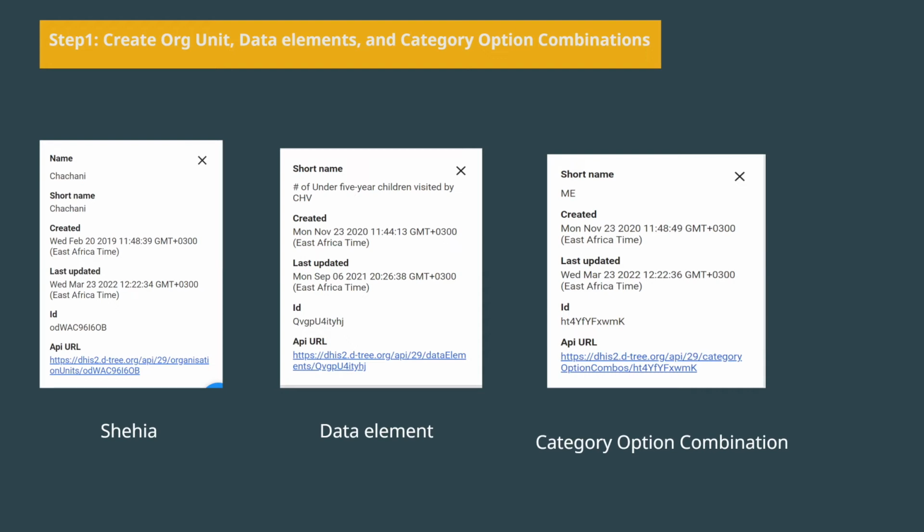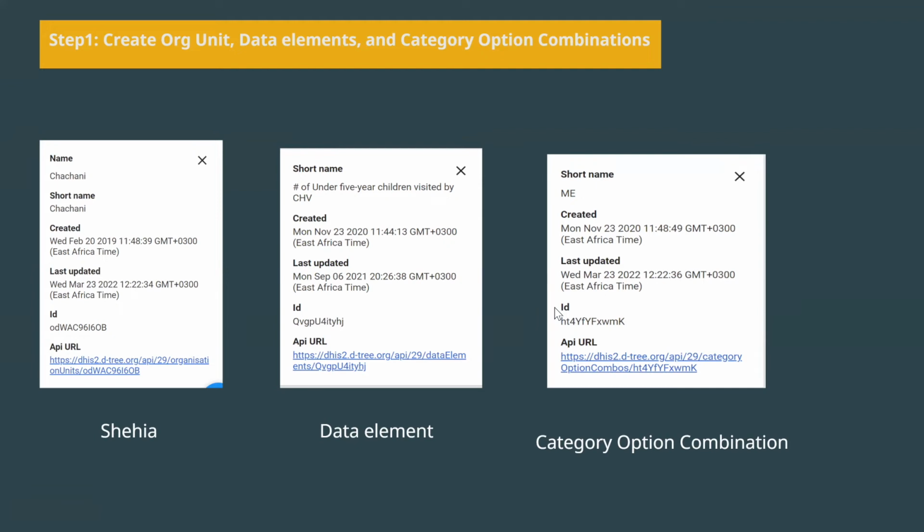And if you create an element in DHIS2, there is a corresponding ID for every element. So in this case, Chachani Shahia's ID is this one. And then after creating the location, I created the data element itself with its corresponding ID. And also the categorization. In this case, I'm showing you the male category with its corresponding ID.